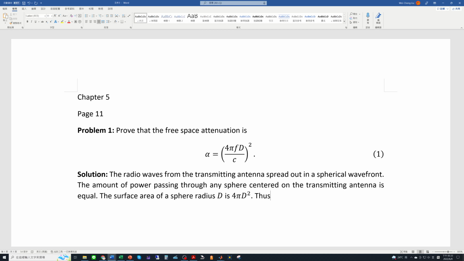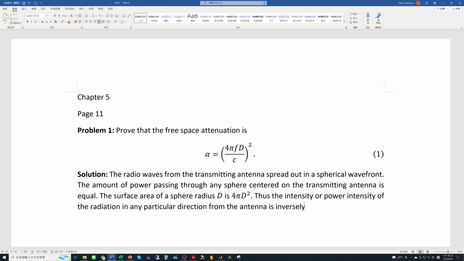Thus, the power intensity of the radiation in any particular direction from the antenna is inversely proportional to the square of distance.